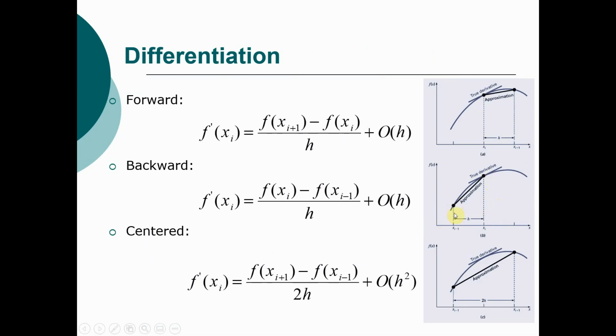If you're at the beginning of the interval, there's nothing before that, so we can't apply backward difference at the beginning terminal point of the interval. The same thing is true for forward difference. We can't apply it at the last point, because we can't go one step forward. We don't have any data. And for centered difference, we can't apply it at either the beginning or the end point.